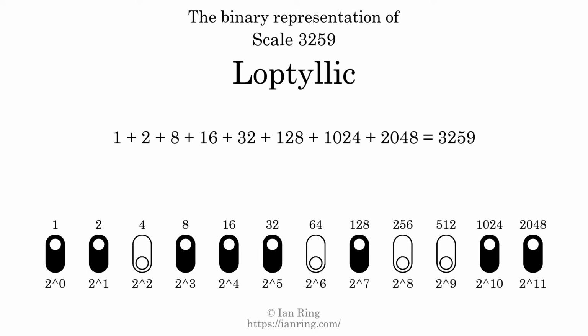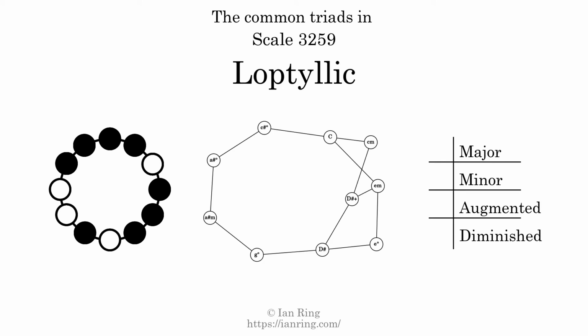That is why the scale number, in decimal, is 3259. The scale number not only enumerates the scale with a unique index, but it also literally describes the tonal content of the scale. Represented as a binary number in base 2, the scale number is 110010111011. Here are the common triads present in this scale.